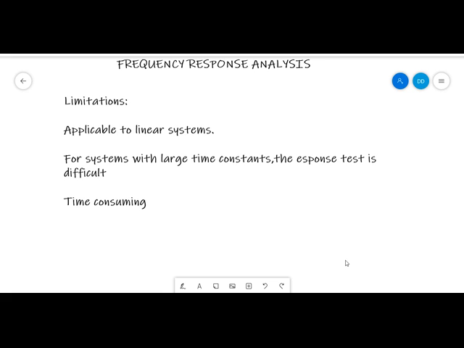You need to go for magnitude analysis, you need to go for phase plot analysis, and the frequency response overall is time consuming as compared to your time domain analysis. So these are the advantages and limitations of frequency response analysis.